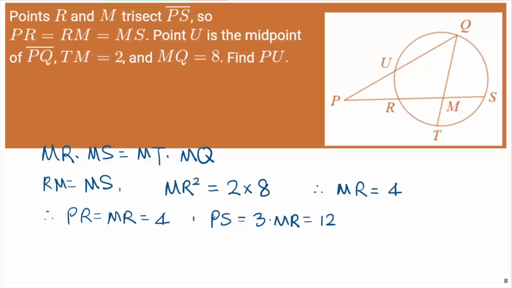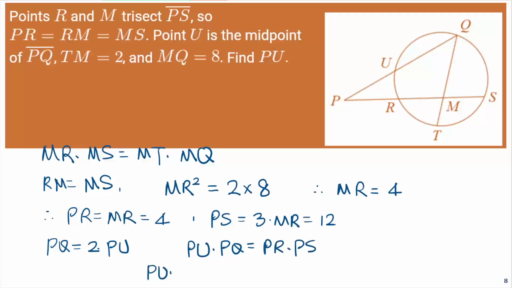Since U is the midpoint of PQ, we have PQ equals 2 times PU. Now we can apply the power of point P to find PU times PQ equals PR times PS. Again, substitution gives us PU times 2PU equals 4 times 12.